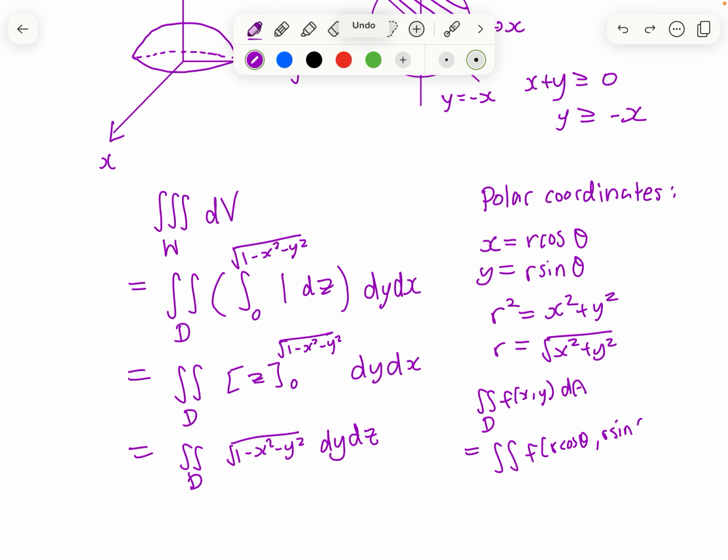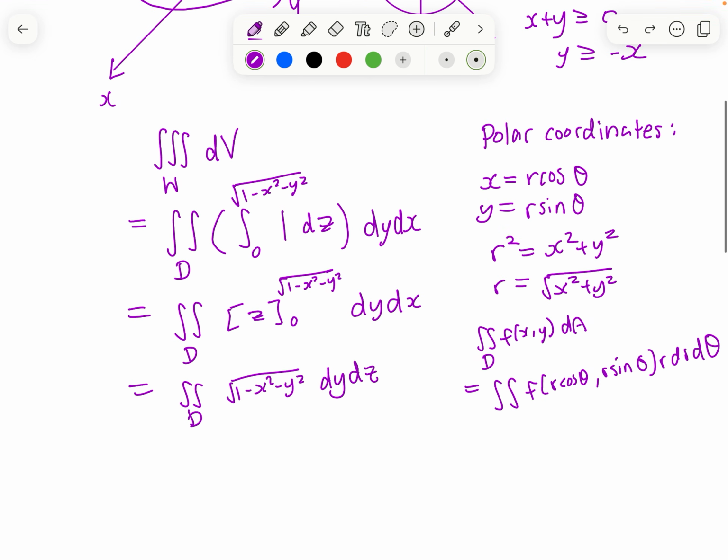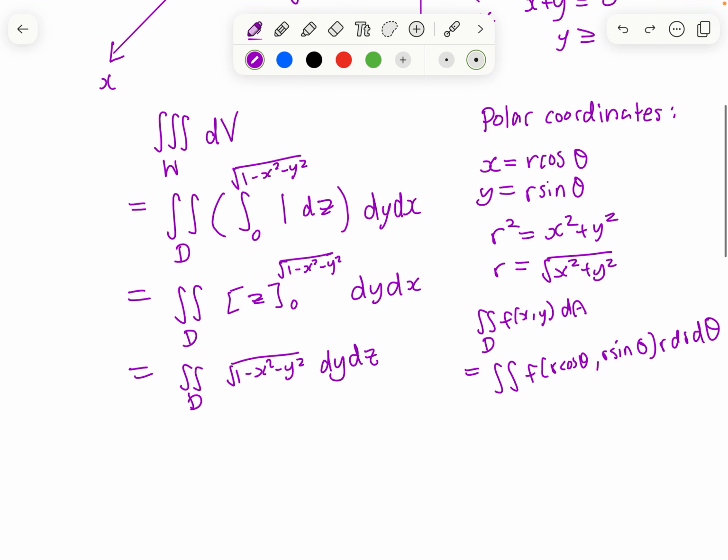And dA will then be changed into r dr d theta. So dA is equal to r dr d theta, and that's a very important formula to know.